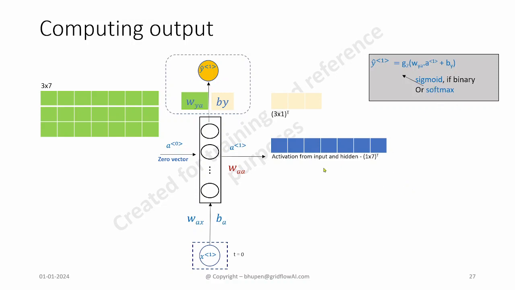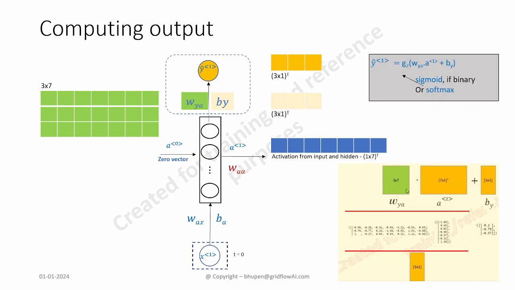So these two steps are the main computation within the RNN cell. The first is computing the activation itself, and then those activations are used to predict the output.